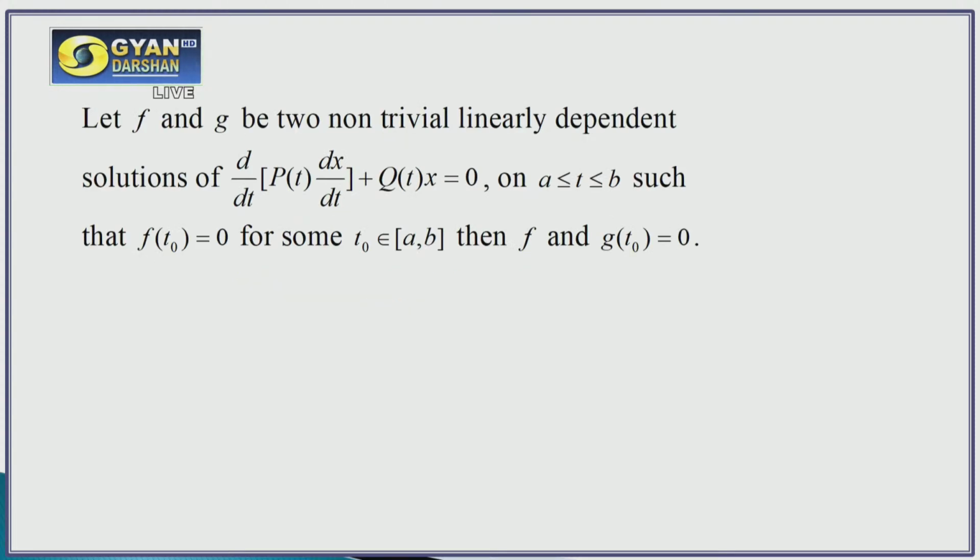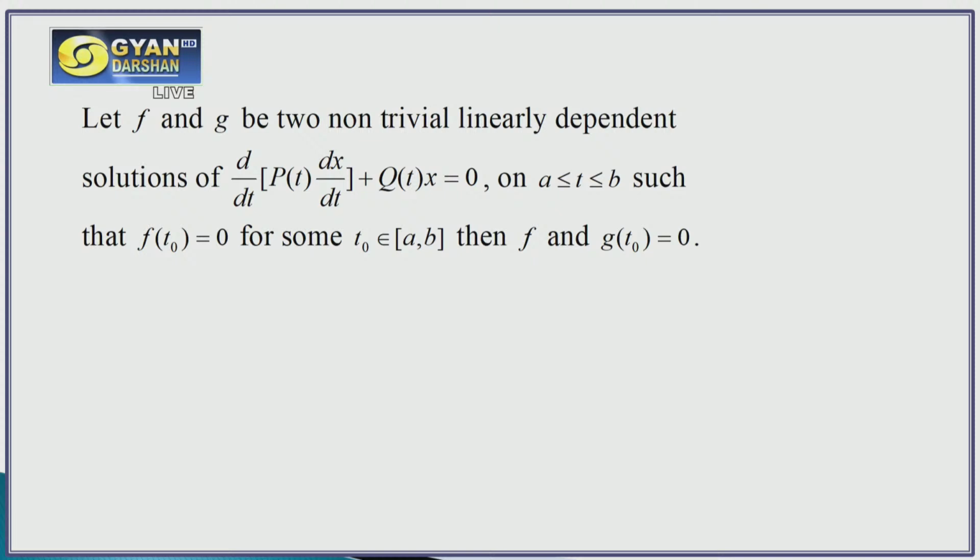Next, see another important theorem. Let f and g be two non-trivial linearly dependent solutions of this self-adjoint equation such that f of t0 equals 0 for some t0. Then g of t0 also becomes 0.